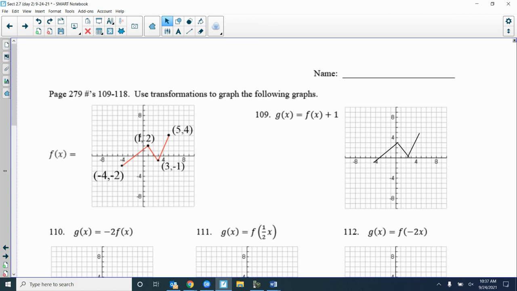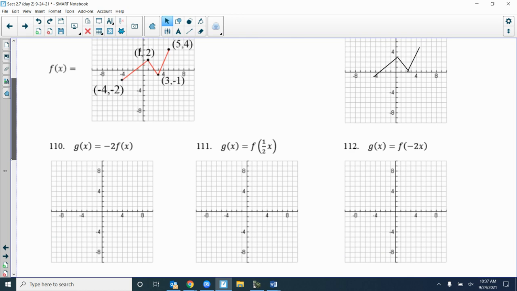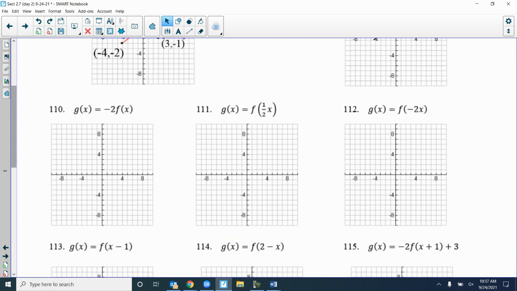Now, how about 110? -2 f of x. What's the 2 going to do? Vertically stretch it, which changes your y coordinate. What's the negative going to do in front of the 2? Reflected over which axis?